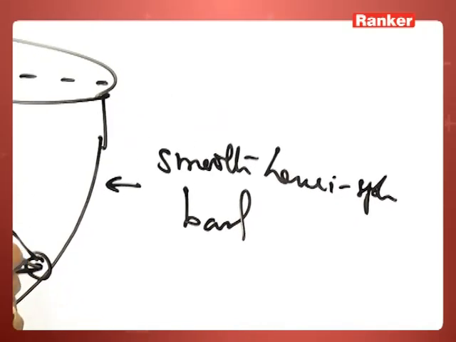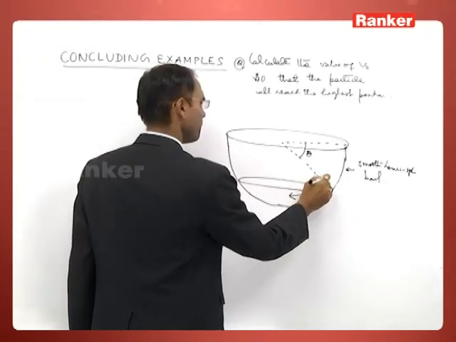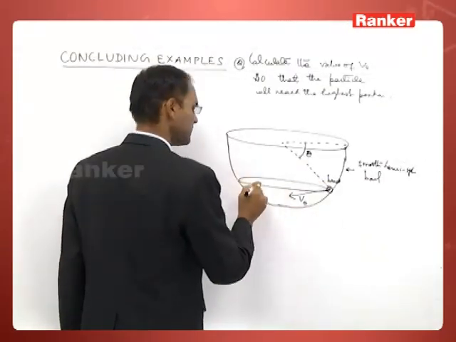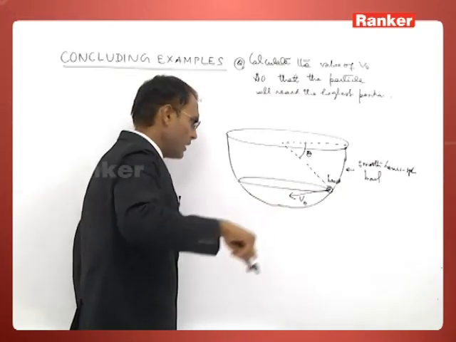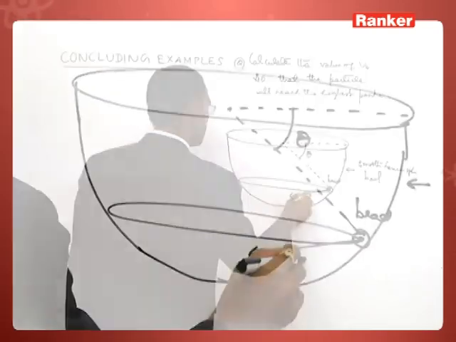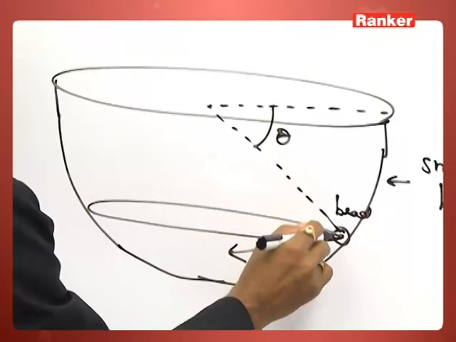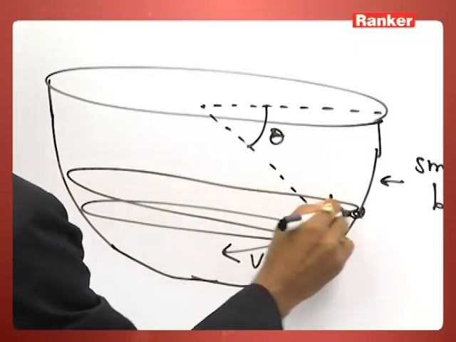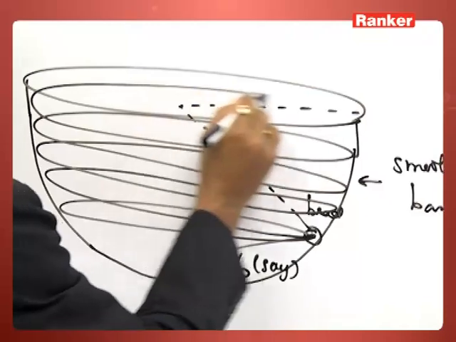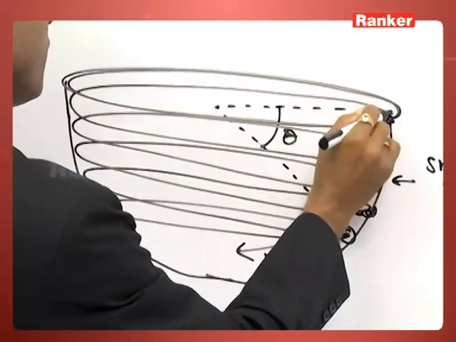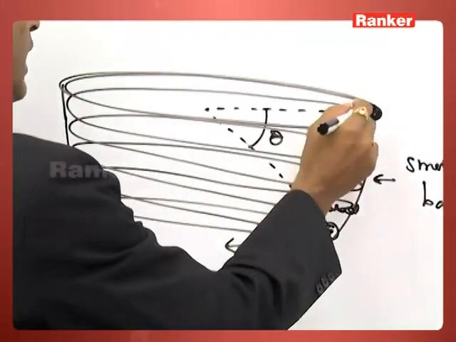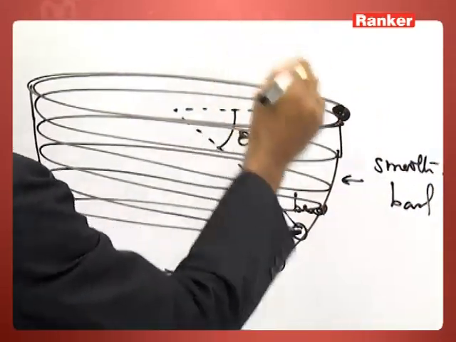Inside the ball, a small bead is projected in a horizontal circle with a velocity v naught, say, so that it will move in a helical path and come to the highest position, at the top of the ball.